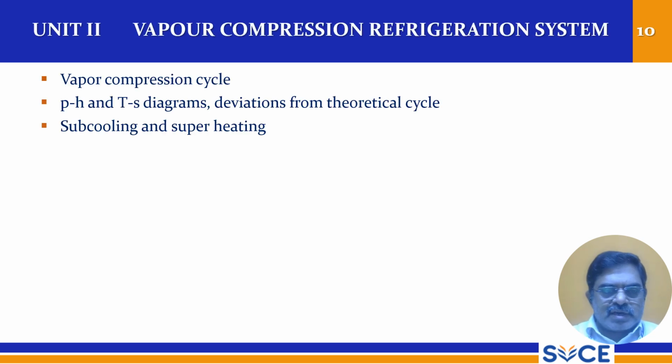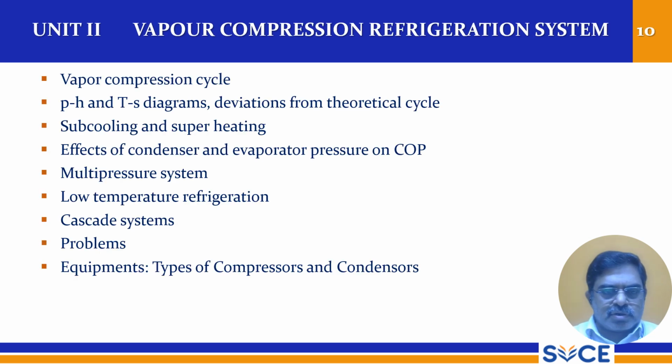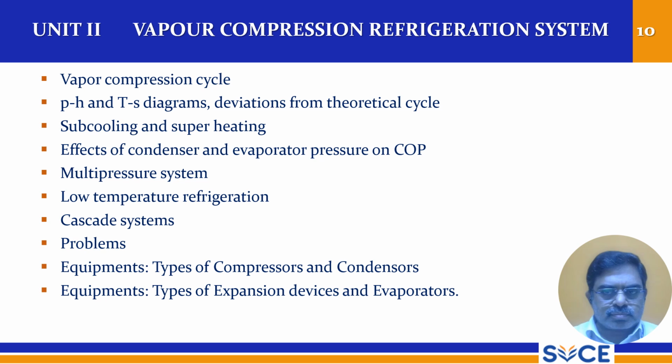So these are the contents in unit 2. We have 10 hours, and we are going to deal with this unit in 10 hours. The first topic is vapor compression cycle, and I am going to introduce two types of diagrams: the pH diagram, that is the pressure enthalpy diagram, and the TS diagram, the temperature entropy diagram.